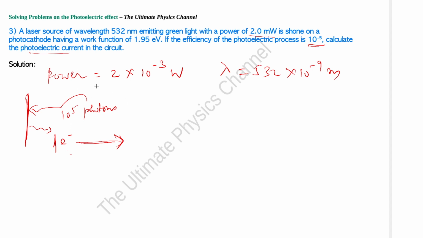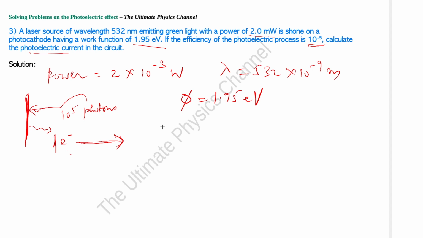Based on what is provided to us, we also have the work function of the photocathode, that is this particular material, given as 1.95 eV. Using these values, we should be able to calculate the current in the circuit. So first we have to see how many photons are incident on the target.